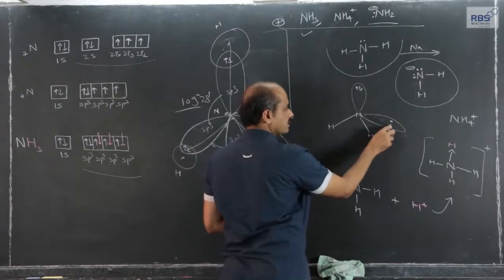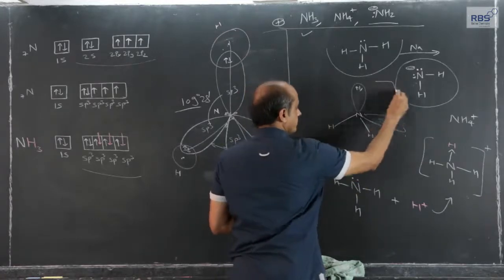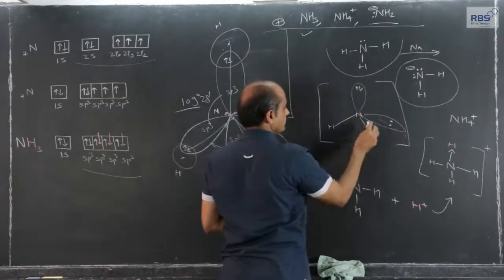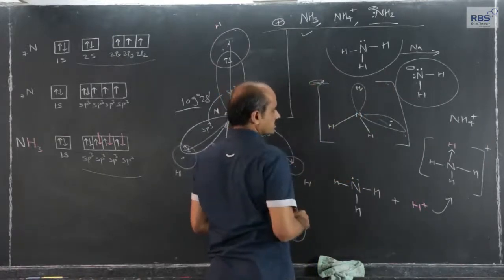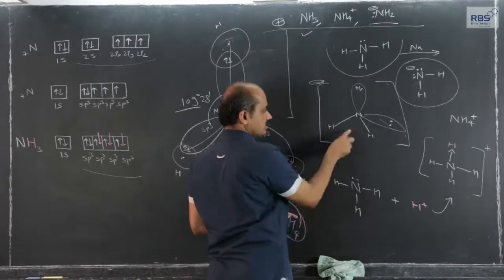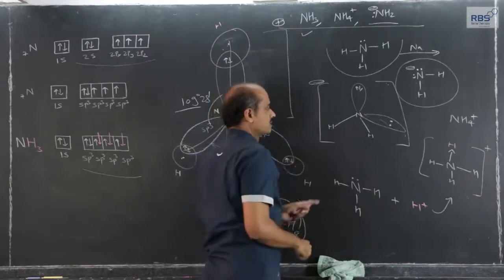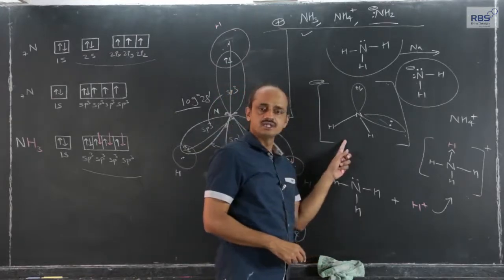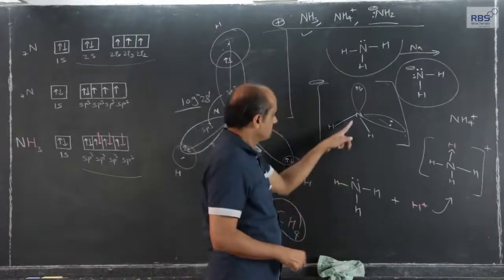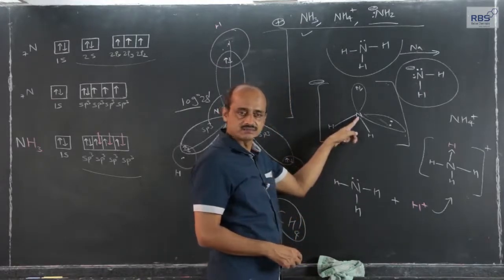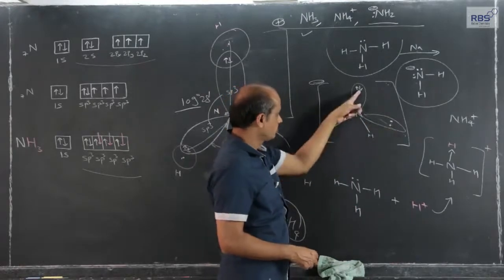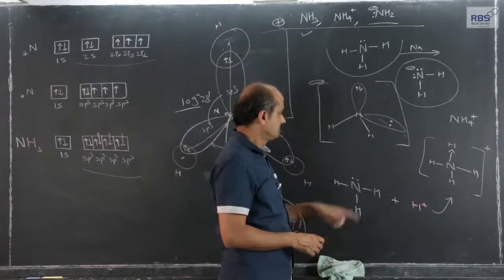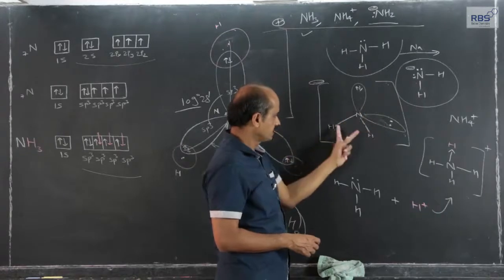Out of that, 1 electron is of hydrogen, and therefore this will gain a minus 1 charge. Let me write on this side. Now this will behave like oxygen in water. It is still sp3 hybridized. In ammonia, 3 bond pairs and 1 lone pair was the case. Now there are 2 lone pairs and 2 bond pairs.